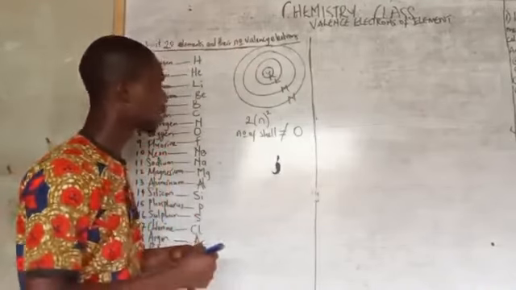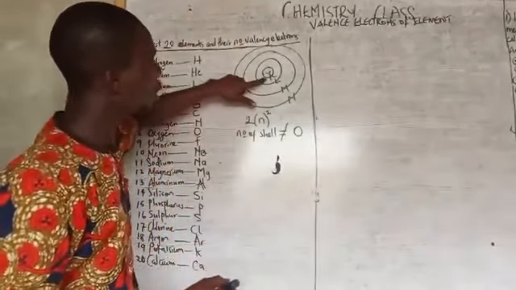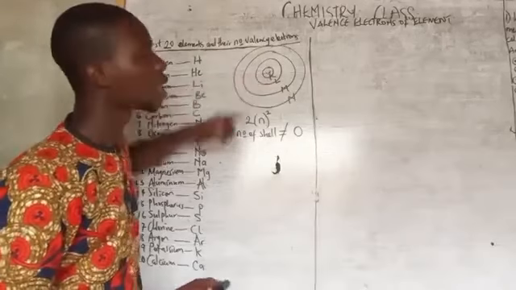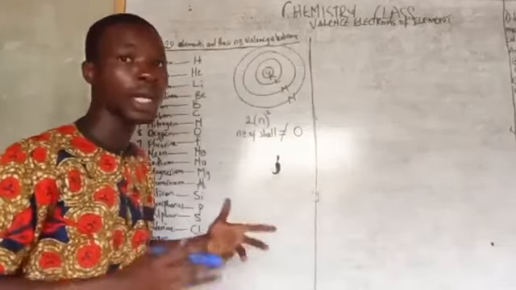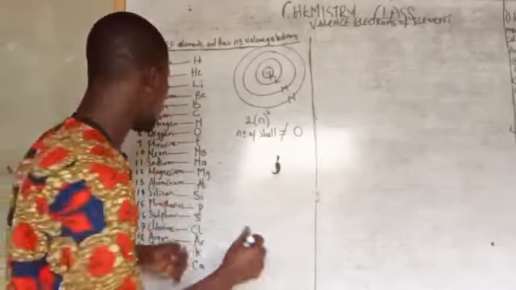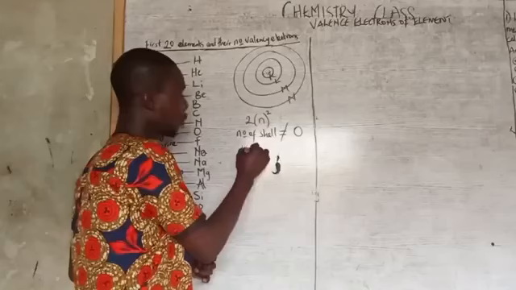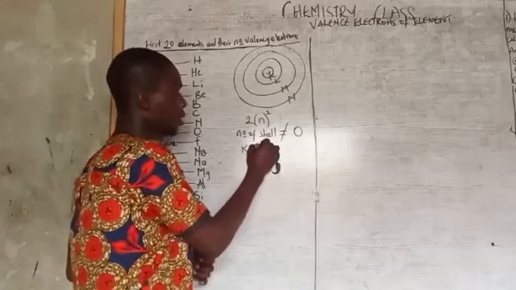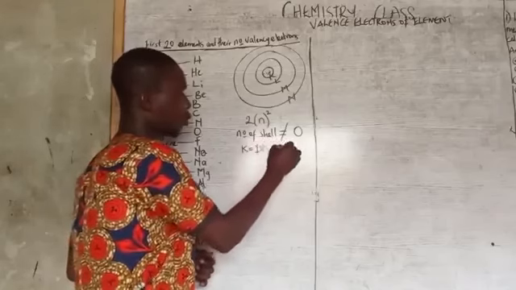So let's see, how do we know the maximum number of electrons for K shell? How many electrons will be present in the K shell? It's very simple. K is the first shell, and that is our n equals 1.